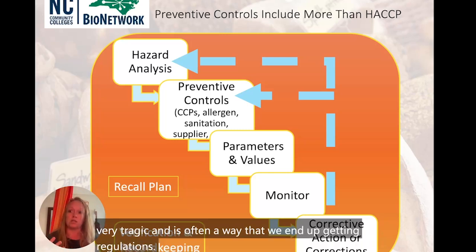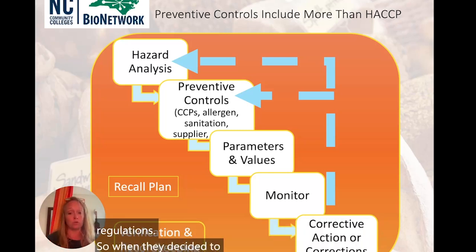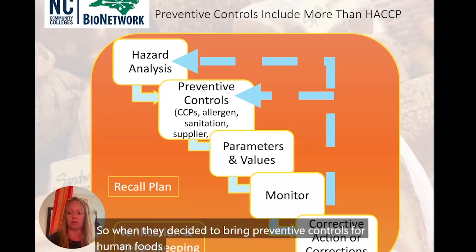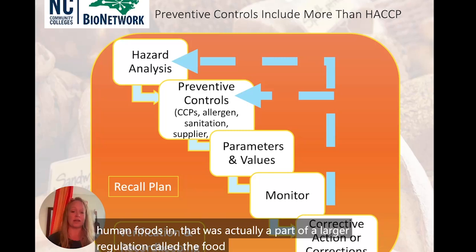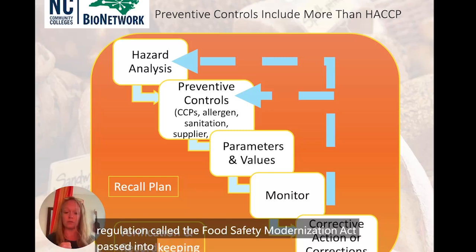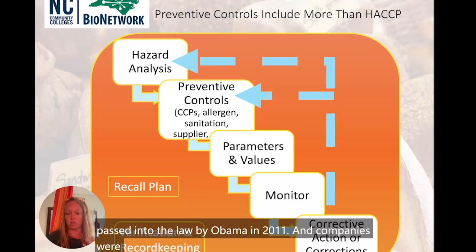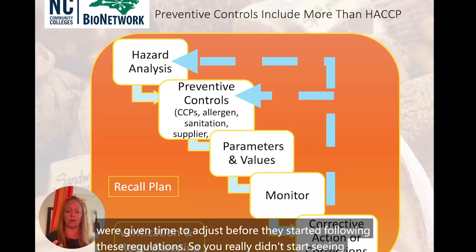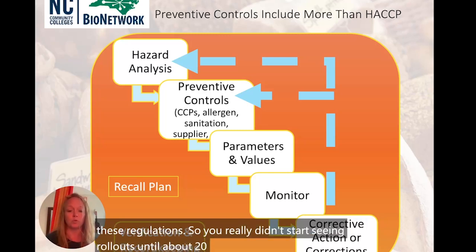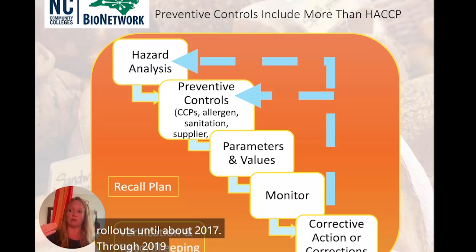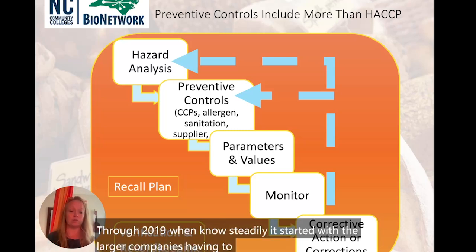So when they decided to bring preventive controls for human foods in, that was actually a part of a larger regulation called the Food Safety Modernization Act, passed into law by Obama in 2011. And companies were given time to adjust before they started following these regulations. So you really didn't start seeing rollouts until about 2017 through 2019 when steadily, it started with the larger companies having to follow, and then the smaller and smaller ones.